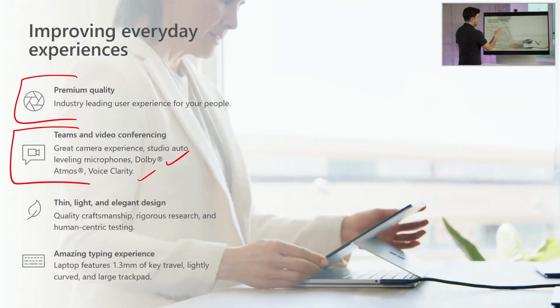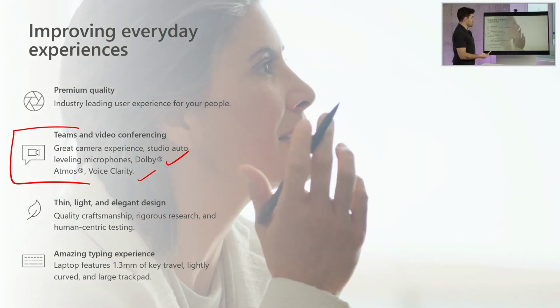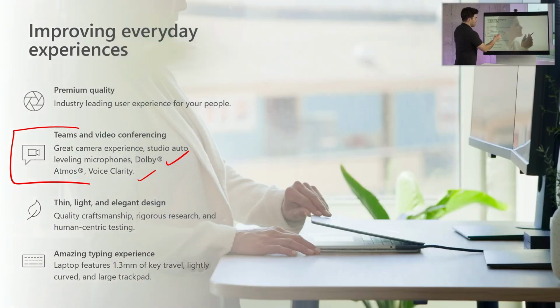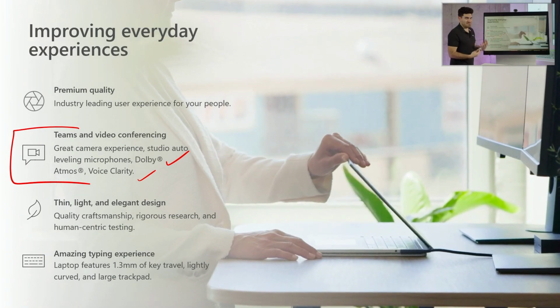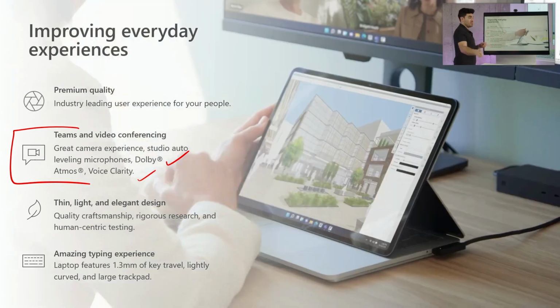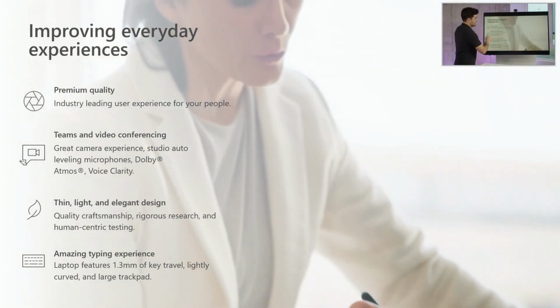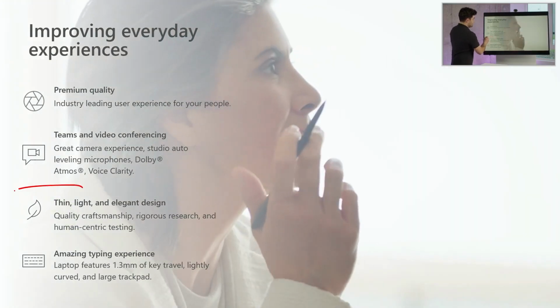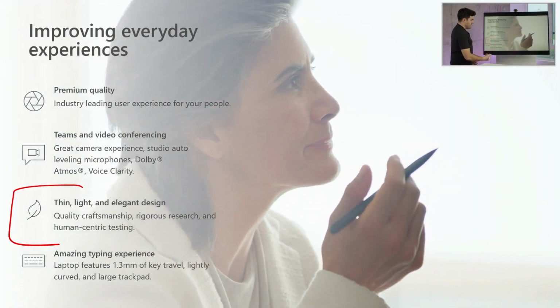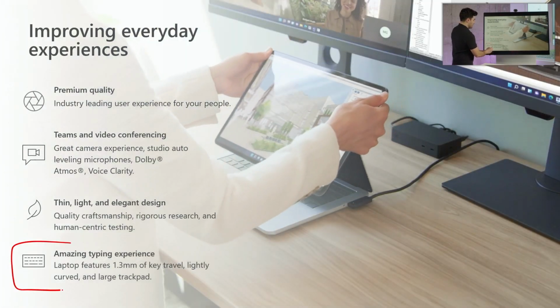We have voice clarity features for even more enhanced background and noise reduction. Auto leveling microphones so that we don't have that peaking type of experience. Far field microphones so you don't have to sit right in front of the device. You can roam around your room and it will maintain the audio quality and resonance of your sound. The design of these being incredibly researched. The next slide talks about that. And then a beautiful keyboard as well.